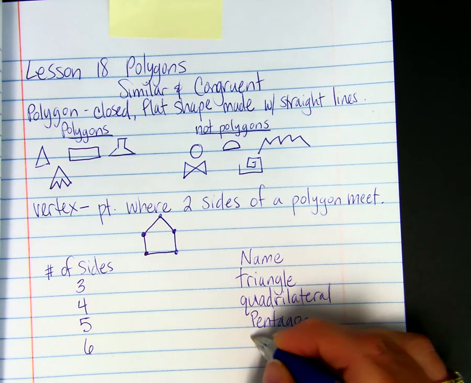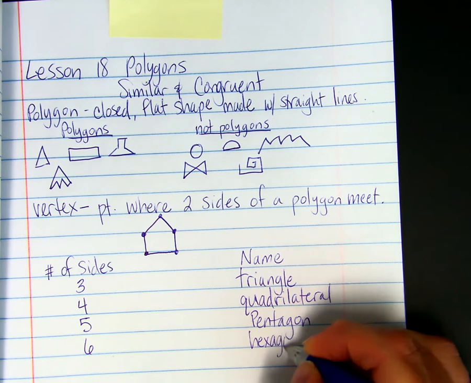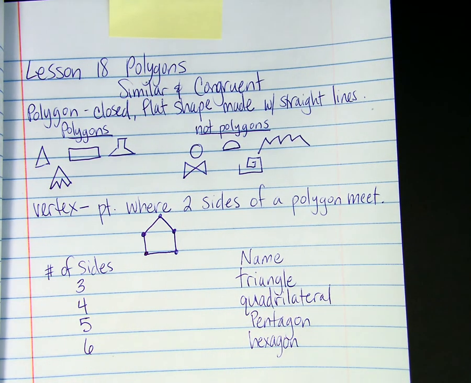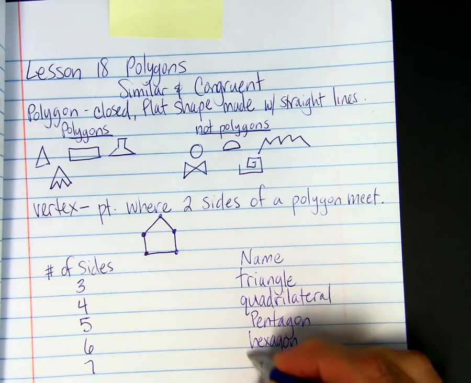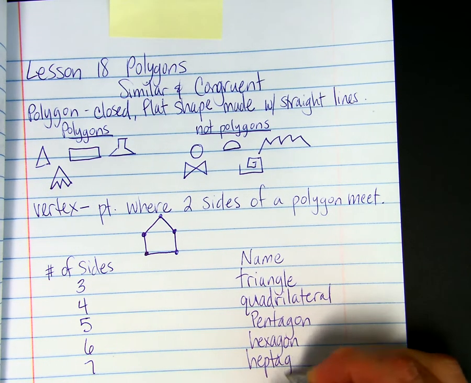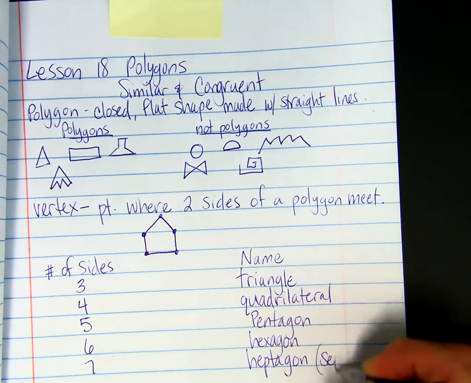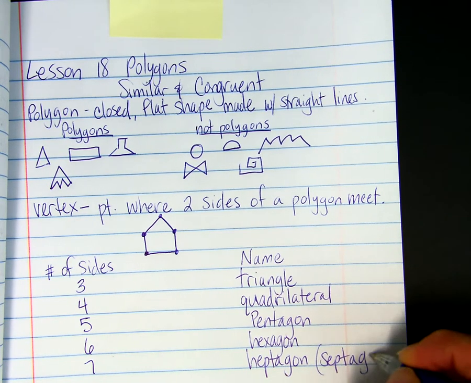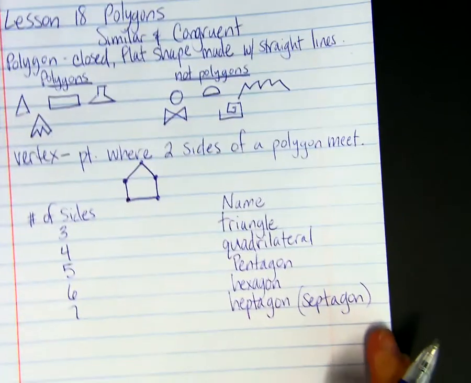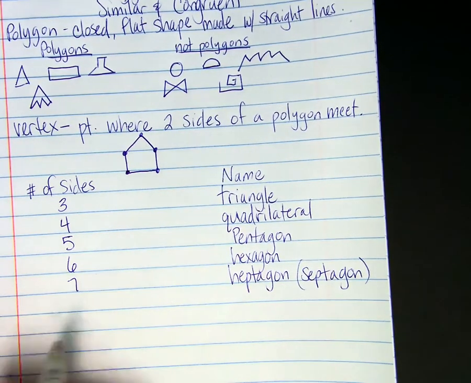A 6-sided figure is a hexagon. 7 is a heptagon. Occasionally you will hear it septagon. So if you ever hear septagon, you'll know it's 7.